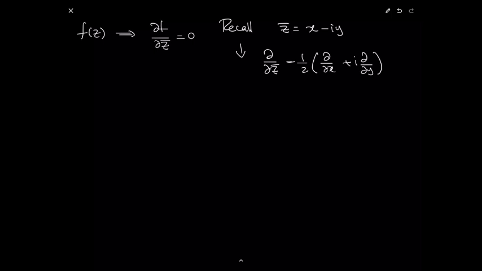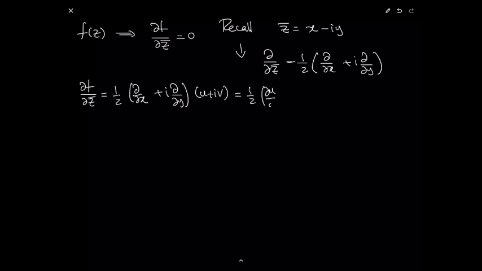So let's follow this through. Suppose we now take df dz bar, and we have 1/2 of d dx plus i d dy acting on u plus iv. Okay, this is just f here, and this is just this derivative that I had over there. And what do I end up with? I end up with 1/2.